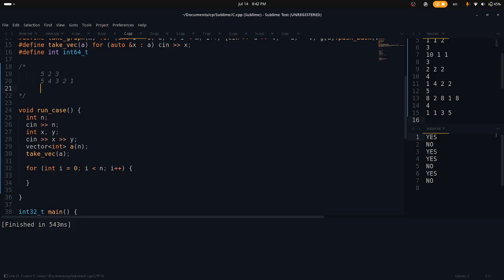We need 1 at this position, so we have either 2 or 3. The difference of them must be 2 or 3. So if we swap 1 here and then here, we can definitely do it.